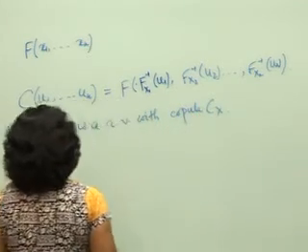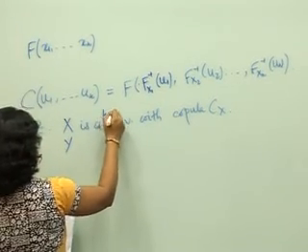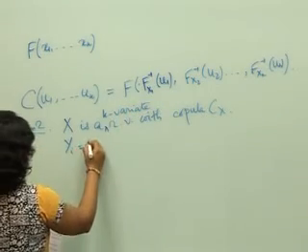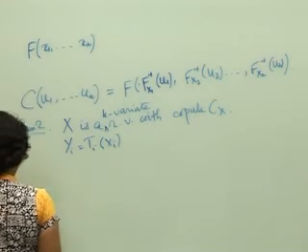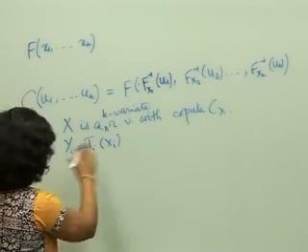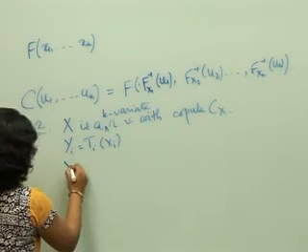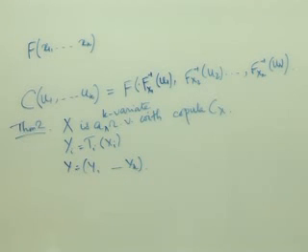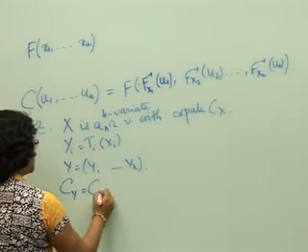Now we define a new random variable Y, a k-variate random variable, where Y_i is some T_i of X_i. So component-wise we are defining a function, and we call Y the vector Y1 through Yk. The theorem is that the copula of Y is the same as the copula of X.